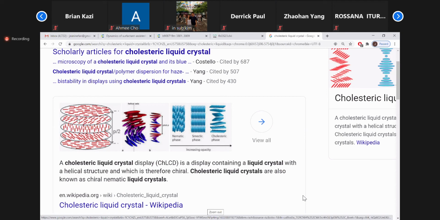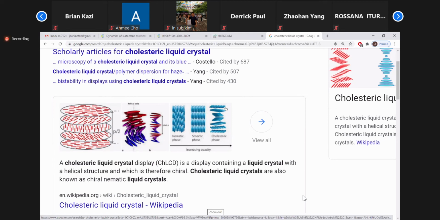Then the next layer, they tilt a little bit. The direction of those molecules has a small angle from the first layer. Then the next layer, the angle changes again a little bit, and again for the next. So on the macroscopic scale, you have this helical structure.